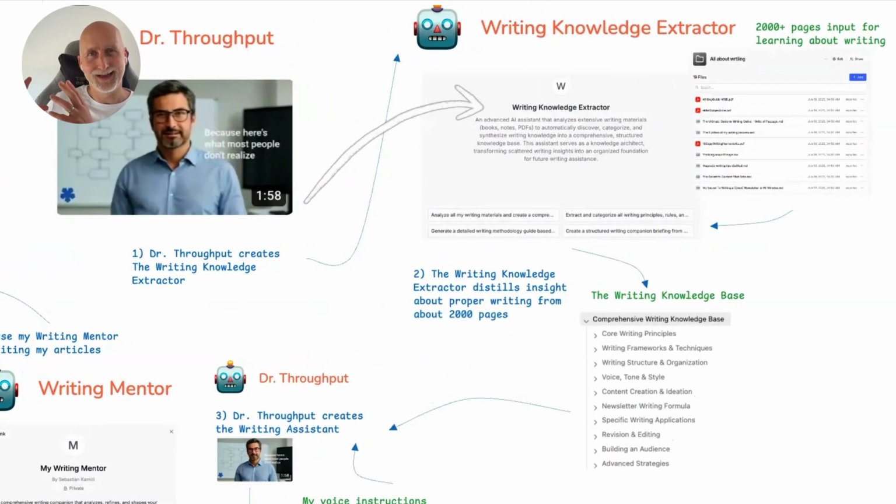So in the beginning, we created a first assistant that had to analyze all my knowledge sources about writing and produce a distilled version of what makes writing good, what the rules about writing are, what certain aspects of voice to consider, how this applies to certain formats like newsletters, LinkedIn posts, and all that stuff.